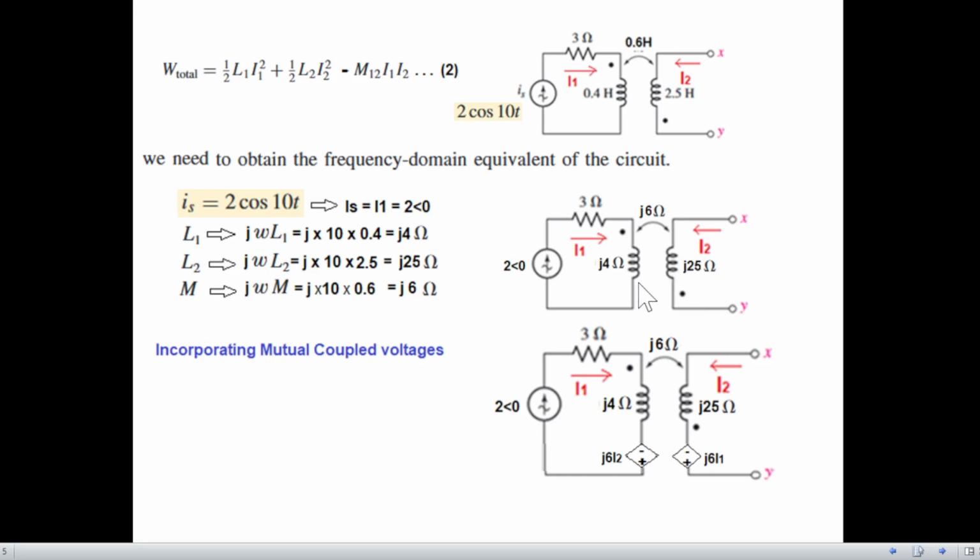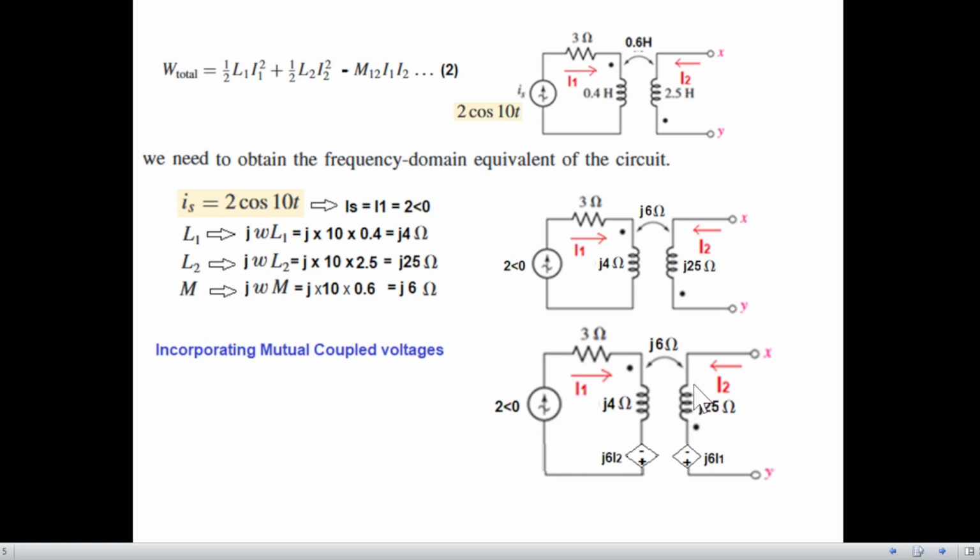So the simplest way is to draw two diamond shapes here, and then first of all mark the polarity, very important. For that, if the current is entering the dotted terminal, then the other side dotted terminal will be positive.